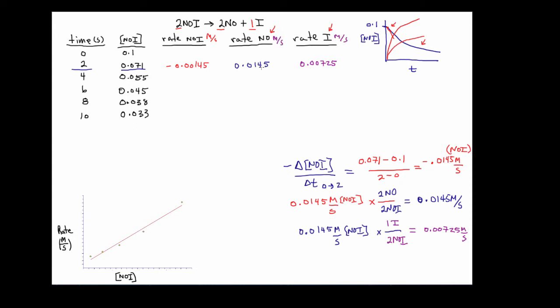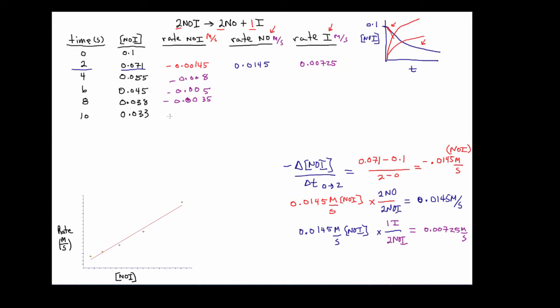Now, I'm going to go ahead and fill in my table for the rest of these so we can get on to the next part of this presentation. All right, and one thing is, as you look at the data for the NOI, you can clearly see that its rate is decreasing over time, and again, that's what you expect because this is a reactant that is going away.